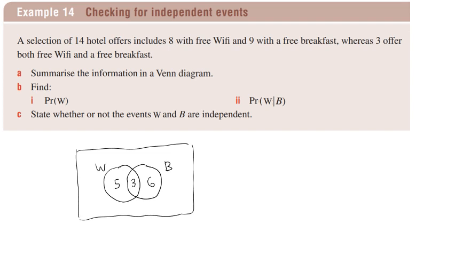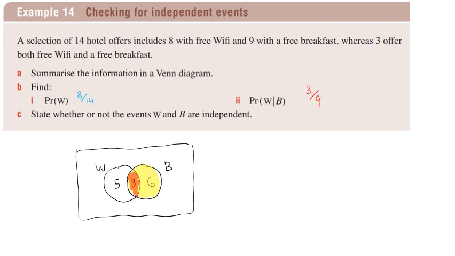Okay. Next, we need to find the probability of W, or Wi-Fi. So that is 5 plus 3, which is 8 out of 14. And the probability of Wi-Fi given breakfast has occurred, W given B has occurred. So this is like B has already occurred. And the probability of W is that. So it equals 3 out of 9.